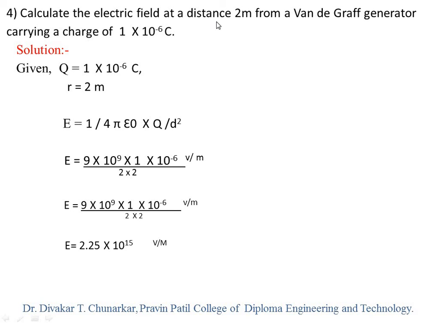So Q1 and Q2 equal to Q. If only one value of electric charge is given, you use capital Q. And if two charges are given, in microcoulomb or coulomb, you use Q1 and Q2. This is the same formula, with Q1 and Q2 or Q.